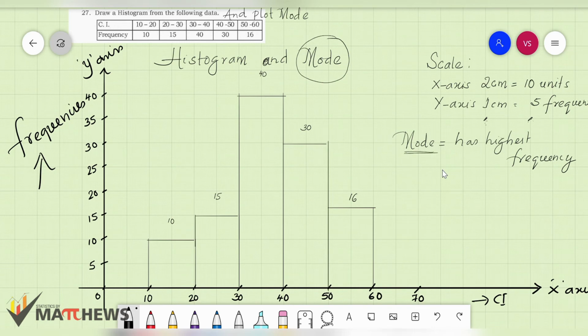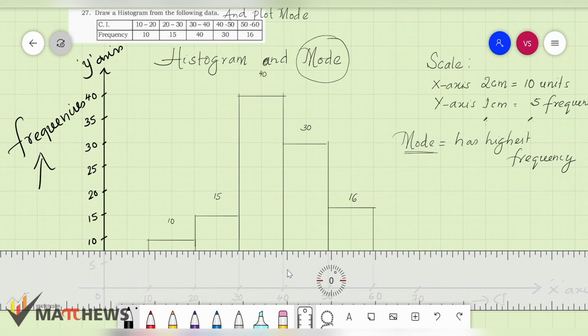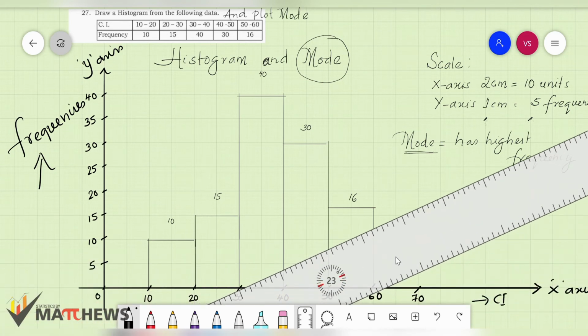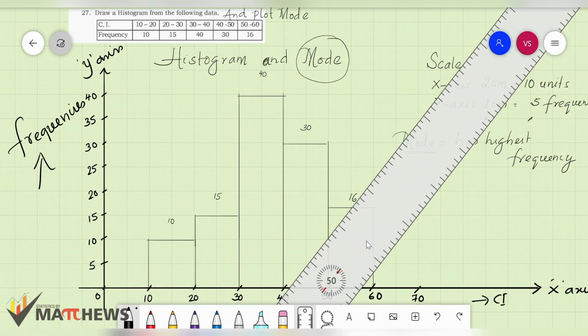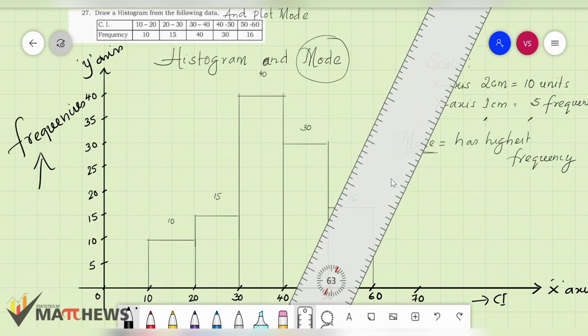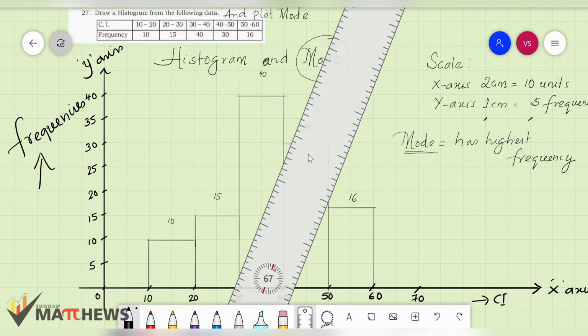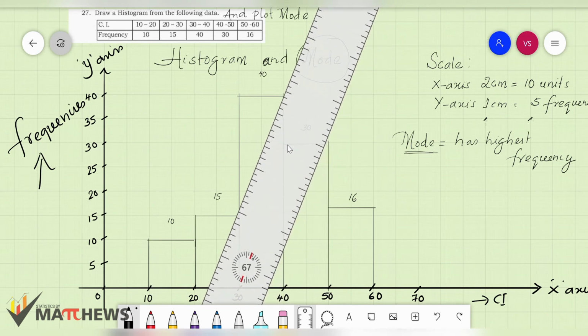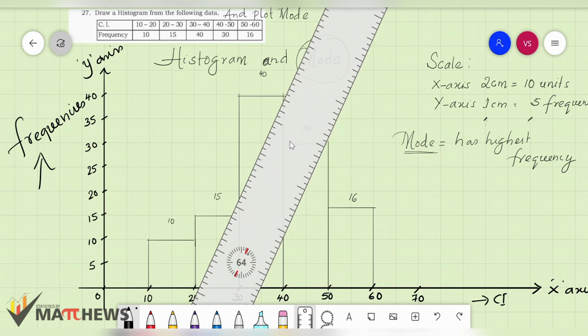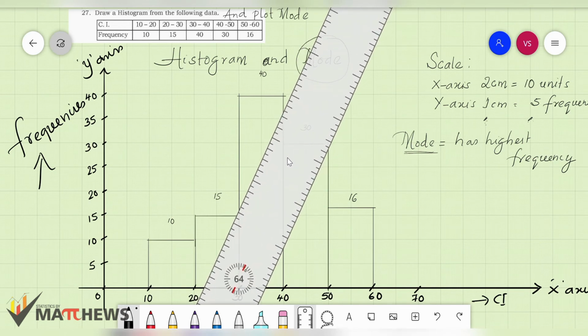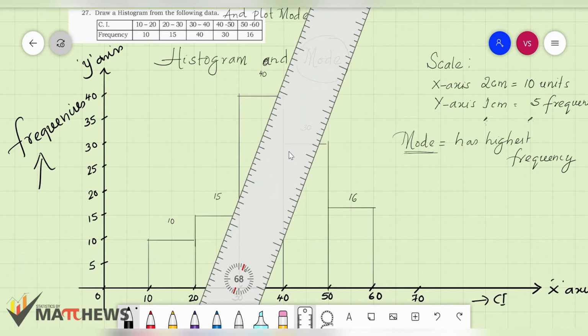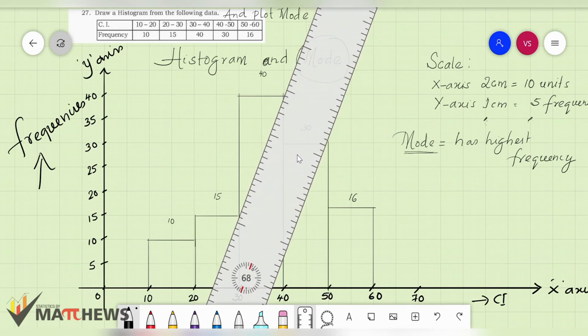So what I will be doing, students, okay, once again I will take a scale. Then I will join the diagonals of the tallest bar. The tallest bar is this one, students. In this tallest bar, I will take this one diagonal. Okay, right.